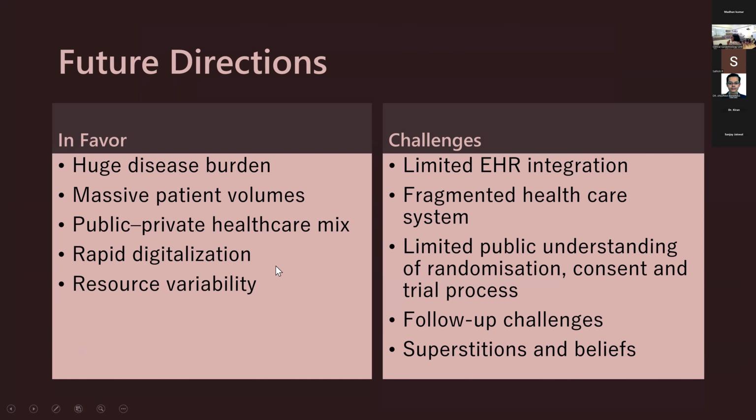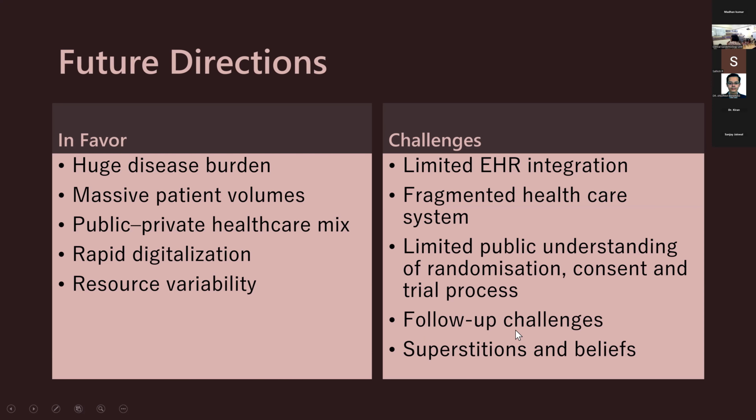So where do we stand in the spectrum of pragmatic trials? In our population, there is a huge disease burden with large patient volumes. There's a mix of public and private healthcare, and there is rapid digitalization and resource variability. But the challenges we encounter are limited EHR integration and a fragmented healthcare system. Our public does not understand much about randomization, consent, and clinical trials. Even if you explain, they would assume they're being treated as guinea pigs.